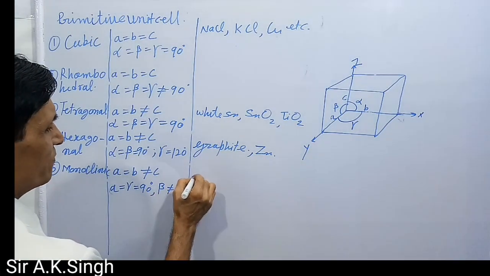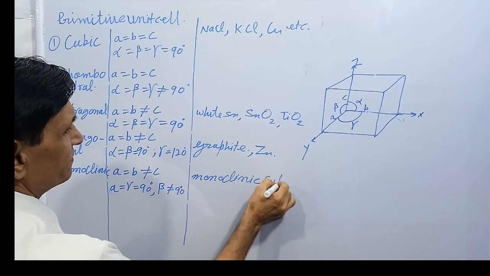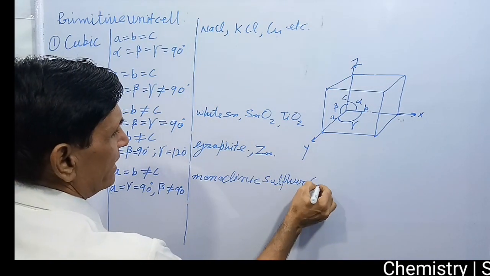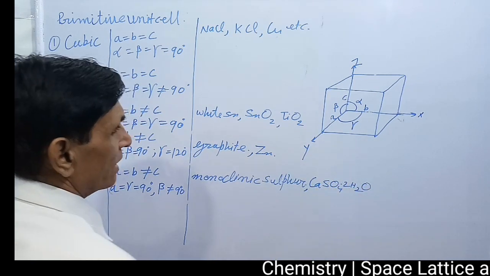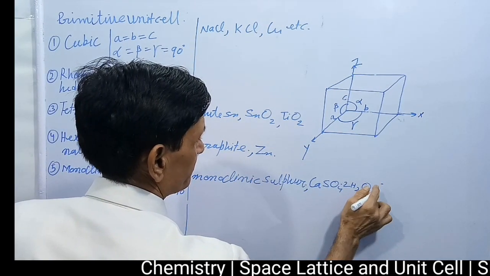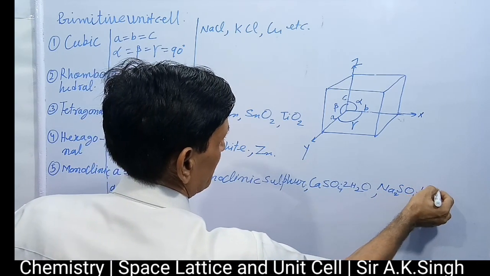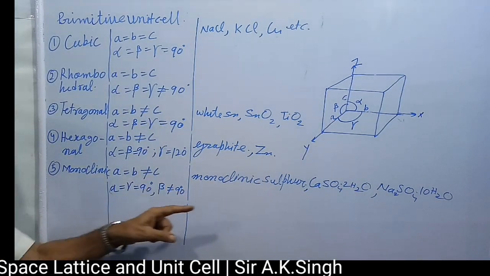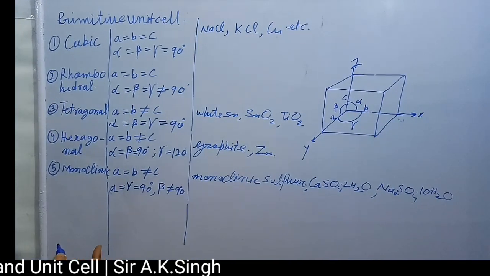Monoclinic sulfur is the most important example, and gypsum. Glauber's salt, Na2SO4·10H2O, and CaSO4·2H2O are some examples.